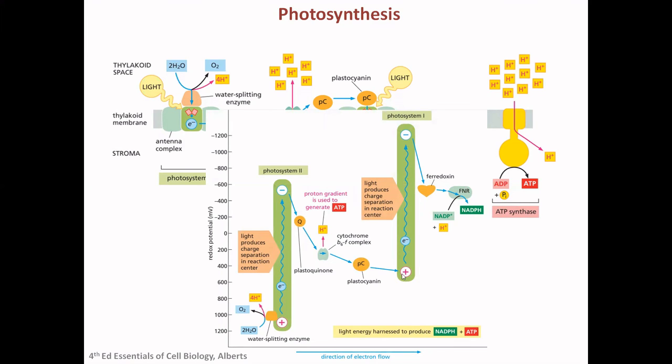So in this entire process we get NADPH, where the light energy is stored in the form of chemical energy. At the same time, a proton motive force is generated across the thylakoid membrane, which will generate ATP as discussed in the mitochondrial electron transport system.